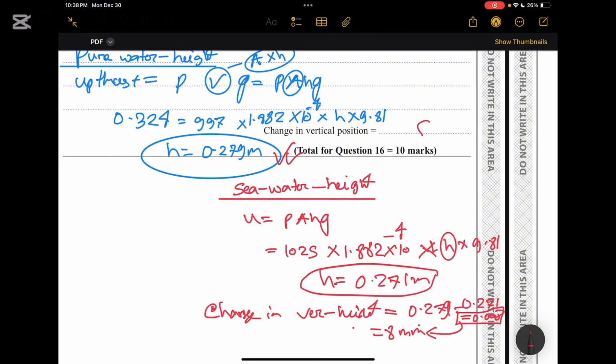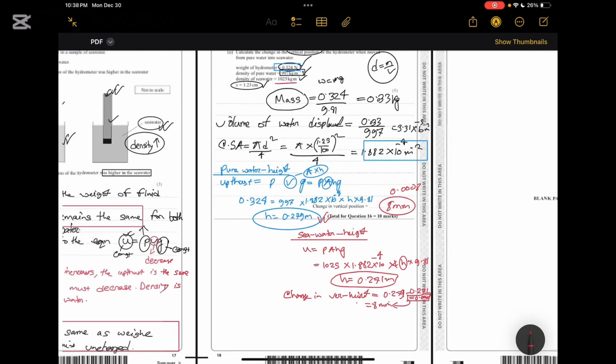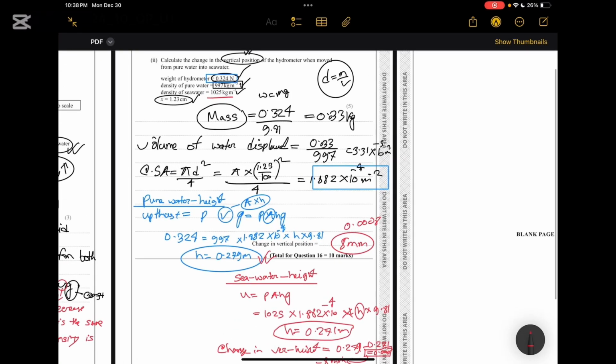You can write it down as 8 millimeter, or even as 0.0008. But in the mark scheme, they have written it as 8 millimeter because, yeah, you can write it in any other way as well, not an issue. Both of them are actually correct.